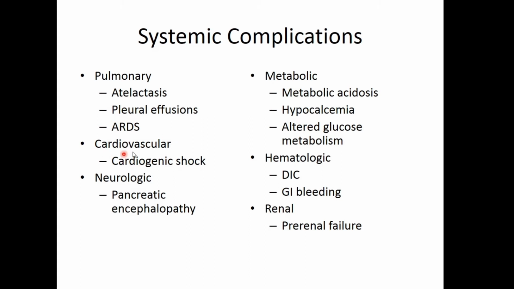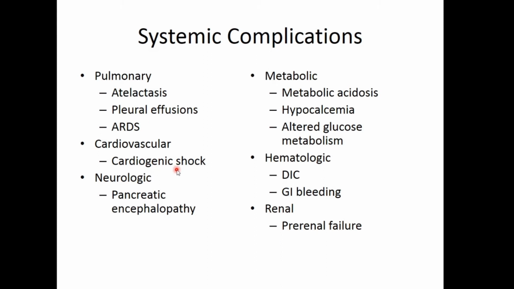Then if you look at the cardiovascular system, one of the important things that we see is cardiogenic shock. Apparently, cardiogenic shock happens because of some sort of myocardial depressant factor that is released from the pancreas. What exactly it is, we do not know, but it is labeled as myocardial depressant factor, and that is responsible for cardiogenic shock.